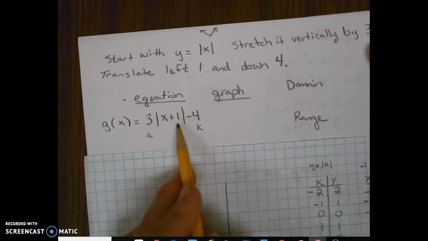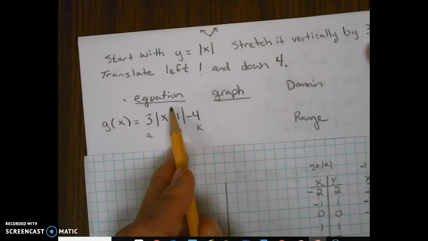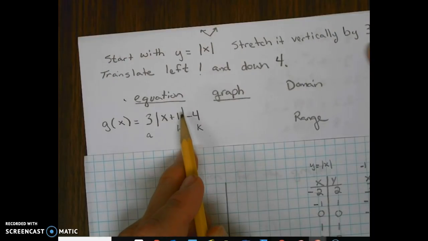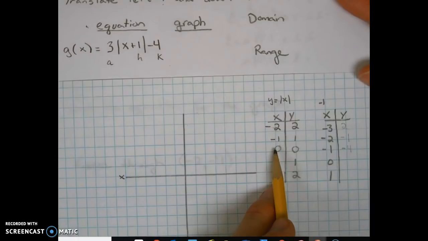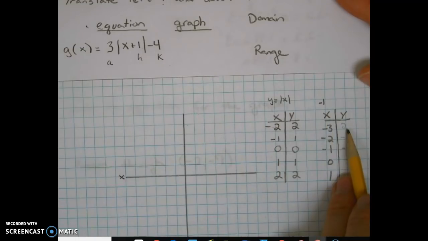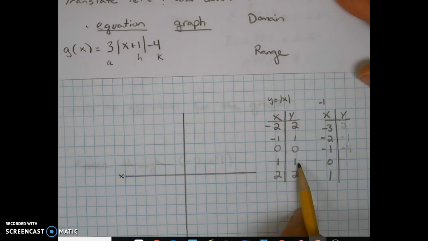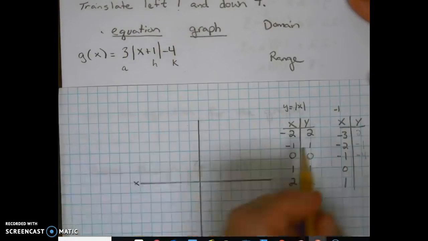And according to our equation, our horizontal change, the x values are all decreasing by 1. Remember, it's the opposite of what you think. So if it's plus 1, we're subtracting 1. So I went ahead and I subtracted 1 from all these x values. And that's how I got these numbers over here. Now for my y values, I'm going to take each of these y values and multiply by 3, subtract 4.